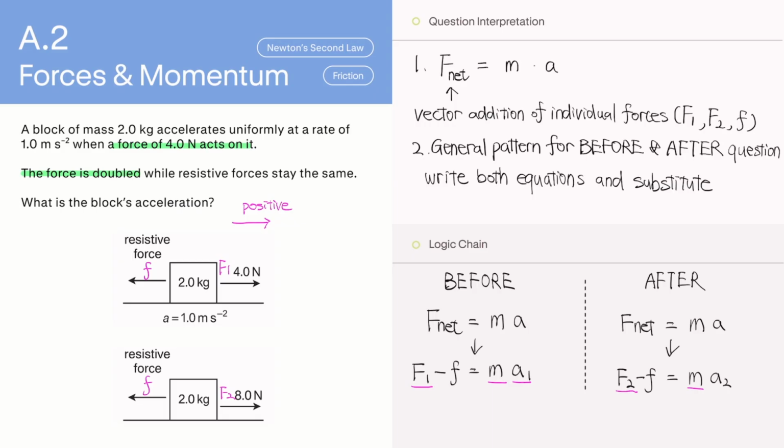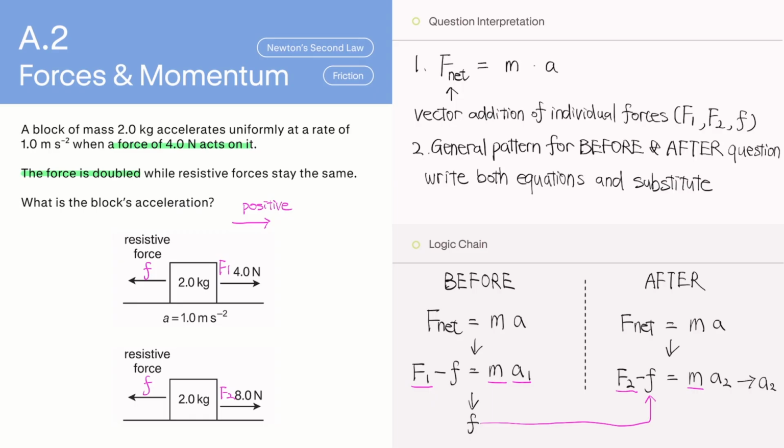What do you think might be the next step? Yes, we get the resistive force, small f, from the before case. Then plug it into the after case. Then we can get a2.